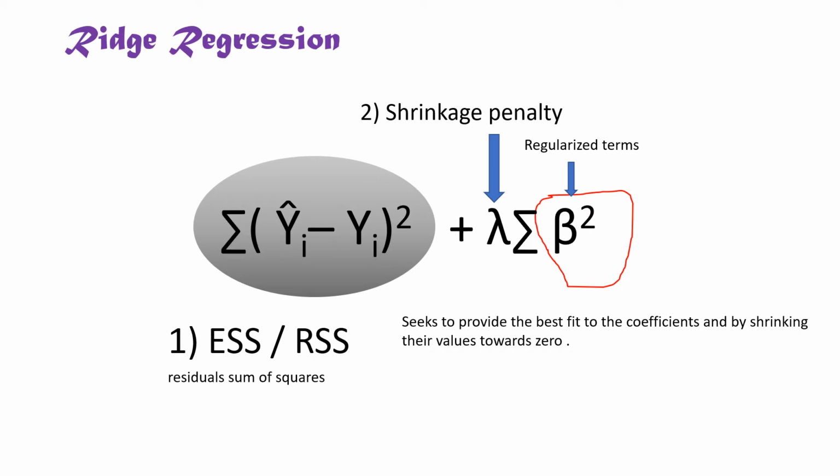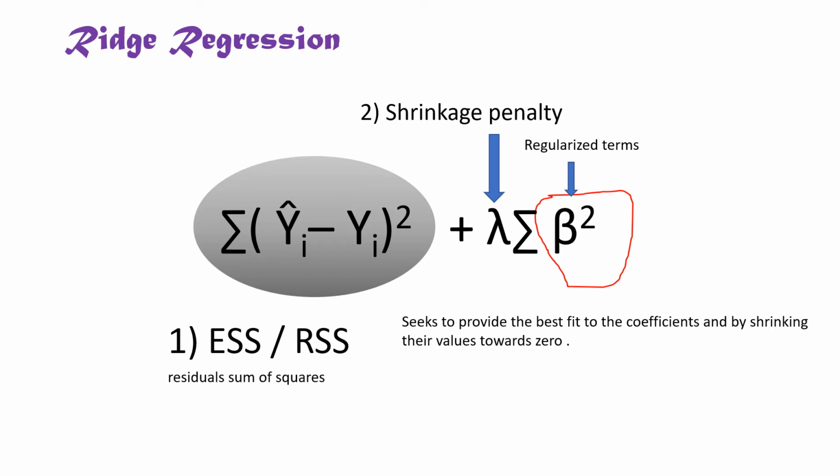The second component is not found in ordinary least squares regression. It is only found in ridge regression or LASSO. The second component is the lambda, or the shrinkage penalty.